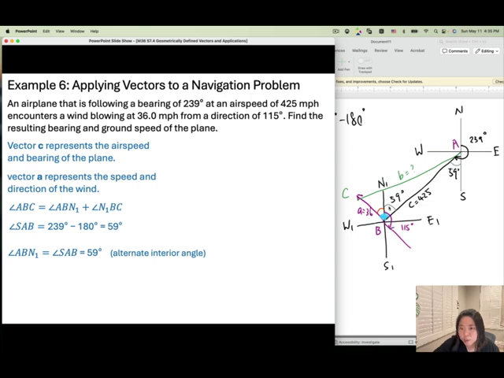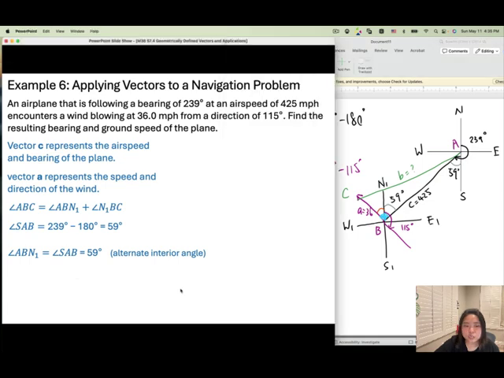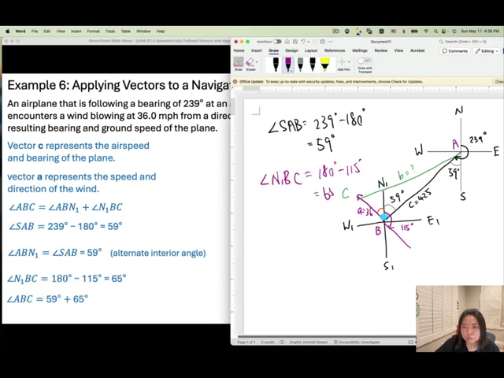So we should be able to find the N1BC angle, which is gonna be 180 minus 115. You should get 65 degrees. So 65 degrees here.